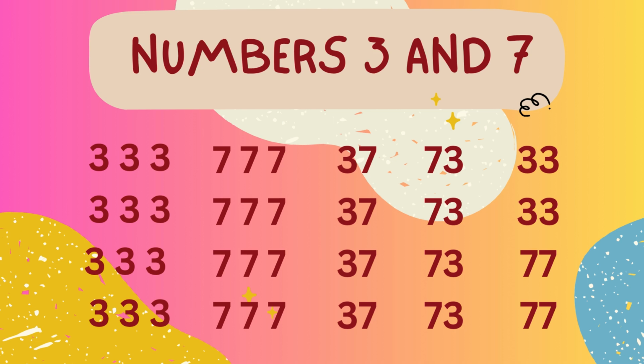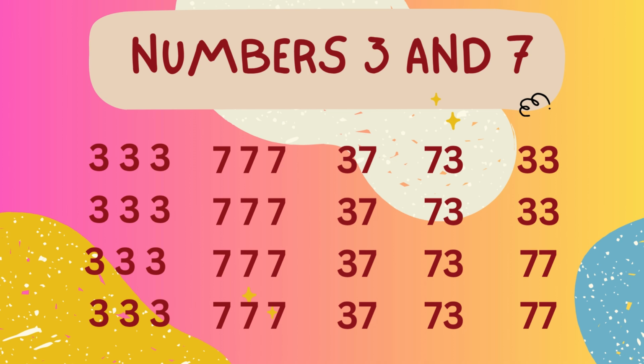3, 3, 3. 7, 7, 7. 37, 73, 33. Again, 3, 3, 3. 7, 7, 7. 37, 73, 77.